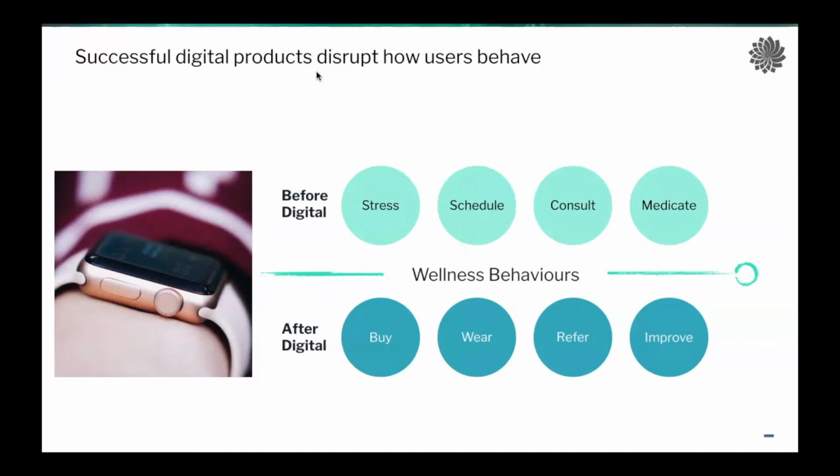But now you can be much more preemptive, much more anticipatory by buying one of these devices, wearing those devices, and then referring to those devices on an ongoing basis, and helping that device even preempt and improve your health as you go along. So that's a real paradigm shift when it comes to behaviors around wellness and health.